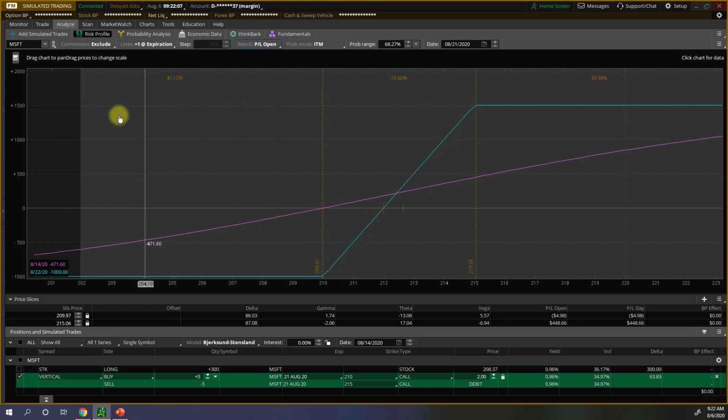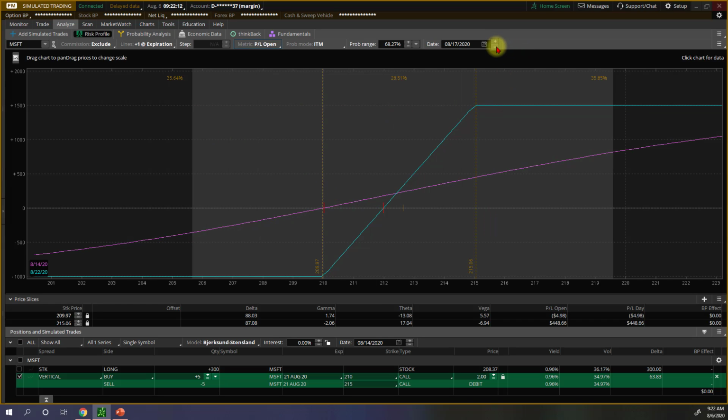Now we can also look at this little gray area back here, and this is giving us a pricing model's look at where the stock price could go, based at the 68% level of confidence. So I can say that between today and 8/17, this is where the stock's price will most likely go at 68% confidence.